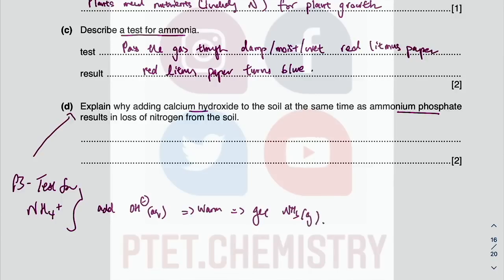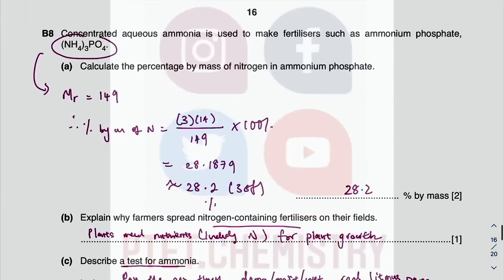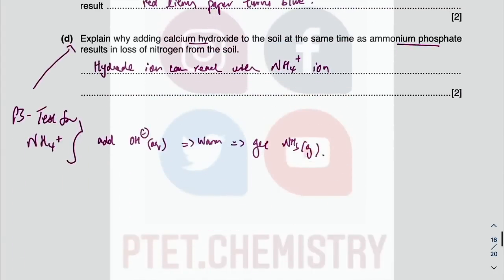So hydroxide ion can react with ammonium ion. The ammonium ion there is NH4+. You happen to have 3 of them because you need to balance out the charge of the phosphate, PO4 3-. This is also in polyatomic ions that you're supposed to identify in O level. That's why this comes out in an O level paper.